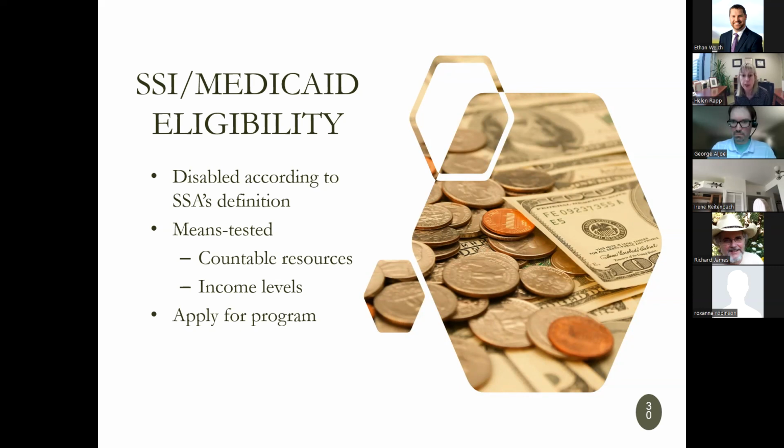The important thing to remember about SSI is that when you have children, parental income deems to the children until they're 18. So oftentimes our children with disabilities are not eligible for SSI until they turn 18, because they don't have any income, but the parents normally have income that exceeds what SSI allows.